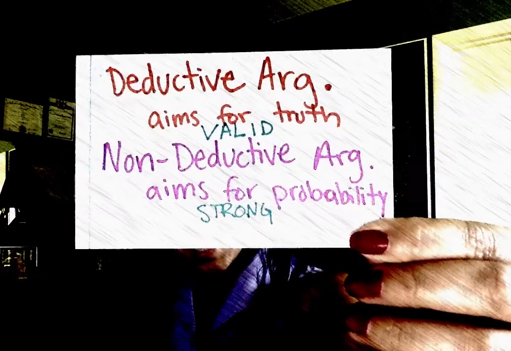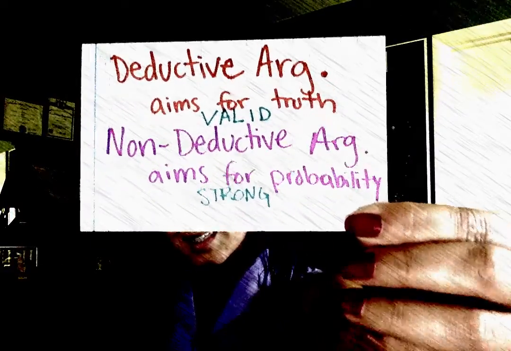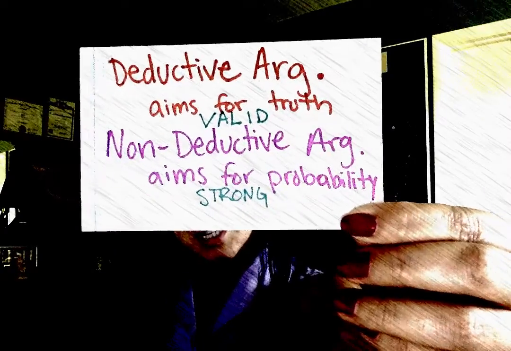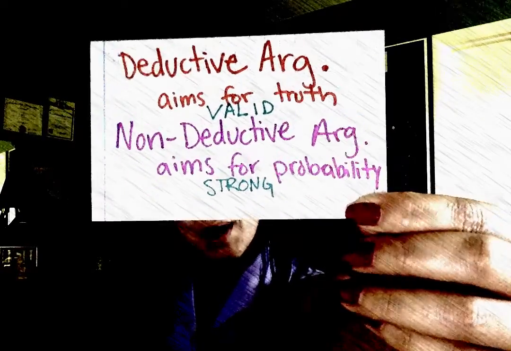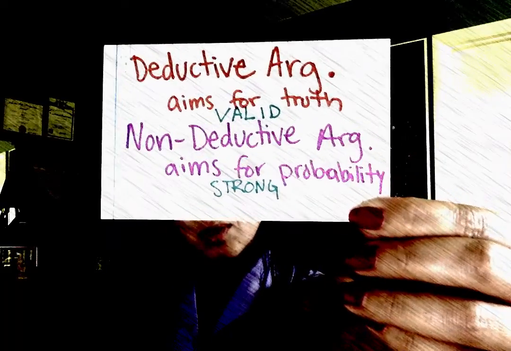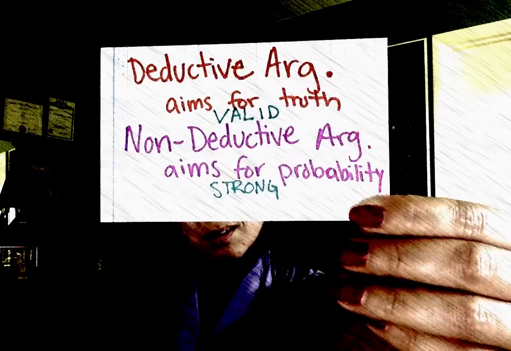When you're offering a deductive argument, you're saying, this is definitely true. Look at this, I have a valid argument. It's true. When you have a non-deductive argument, you're saying, this is so likely, this is so plausible, look how strong this conclusion is.